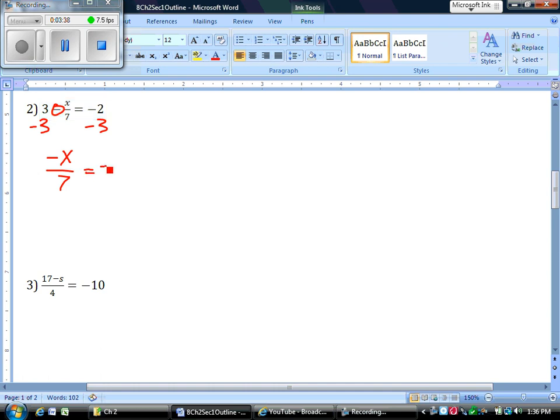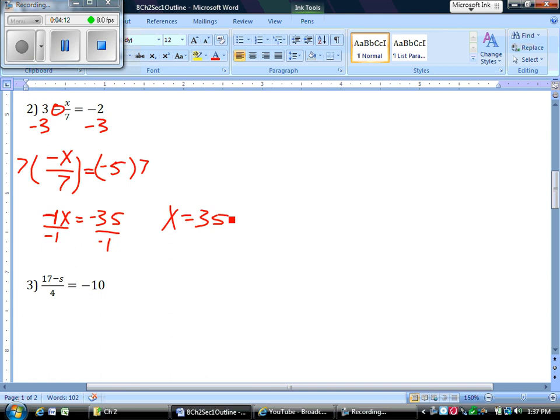It stays as a negative sign. Gives me negative 5. Now I need to get rid of multiplication and division. I see division, which means I have to multiply by 7 to get rid of it. And that tells me that negative x is equal to negative 35. And if you remember, minus x, or negative x, really means negative 1 times x. So I have to divide by negative 1 to get x by itself, and that tells me x is equal to 35.